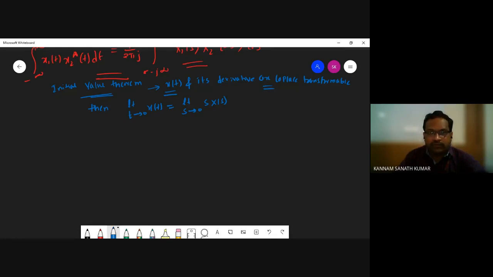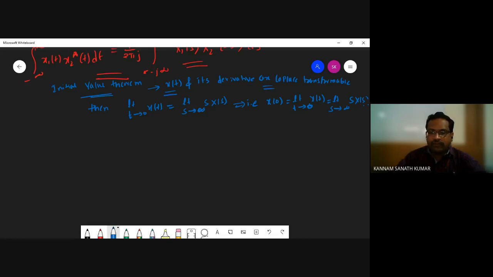So you need to prove this one. So when limit t tends to 0, x of t equal to, sorry, this one is limit s tends to infinity, s into x of s.